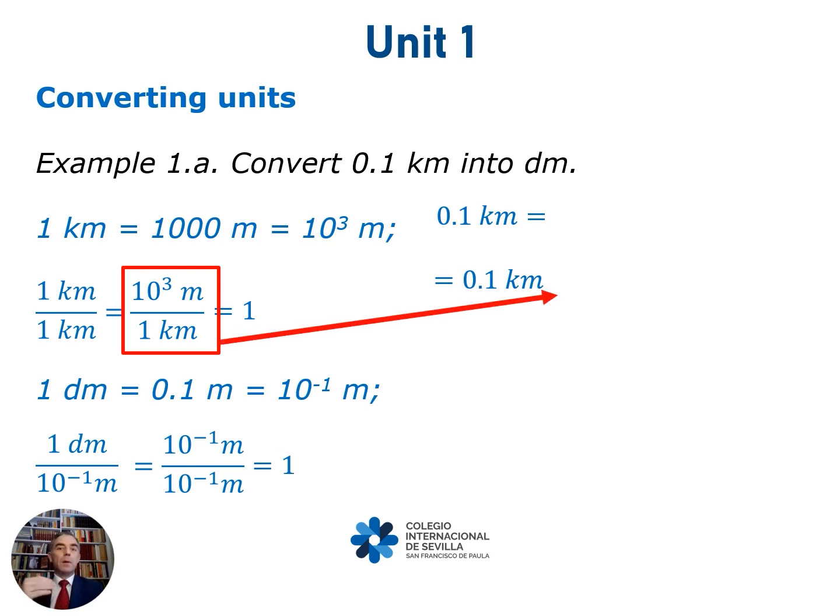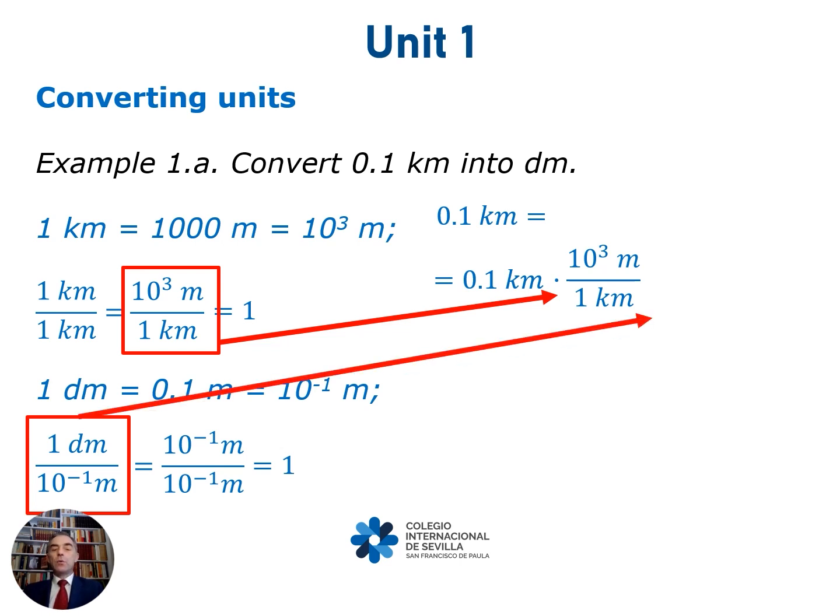So we are multiplying times 1. We're not changing anything. And then we need to insert the unit we are looking for. We use the other conversion factor we have, also equaling 1. So when we multiply times 1, we don't change anything. And we put that conversion factor after the first one.